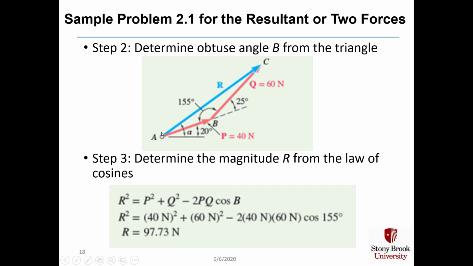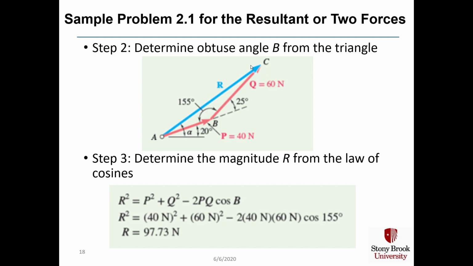And we've also graphically drawn our triangle with vector R. Well, if you study this triangle, you see that the 25-degree angle is an outside angle of the triangle, and 180 minus that angle is going to be obtuse angle beta. And 180 minus 25 is 155 degrees.